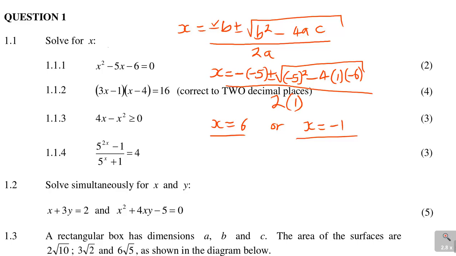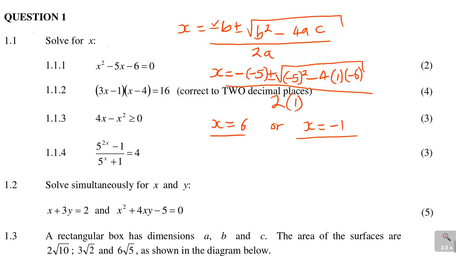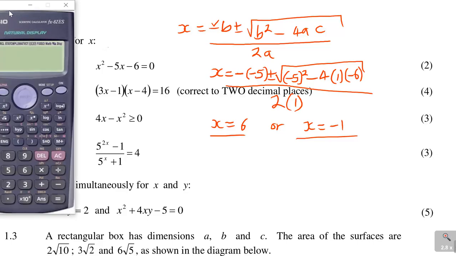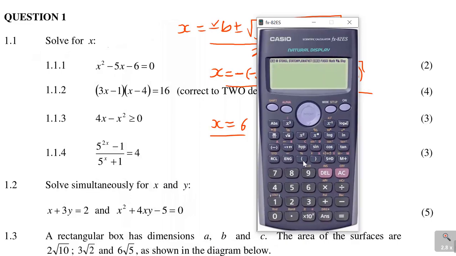So what you just do is you take your calculator, and enter those values into the calculator. The first one is x is 6, so you say bracket 6 squared minus 5 bracket 6 minus 6.